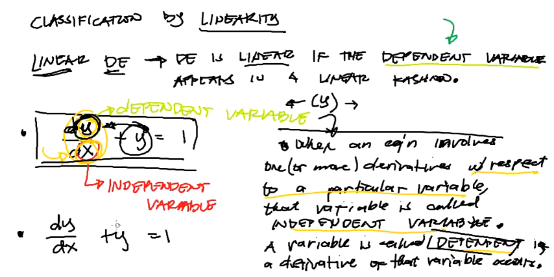So the variable y here is linear, and the derivative of the variable y here is also linear. They are in linear form.